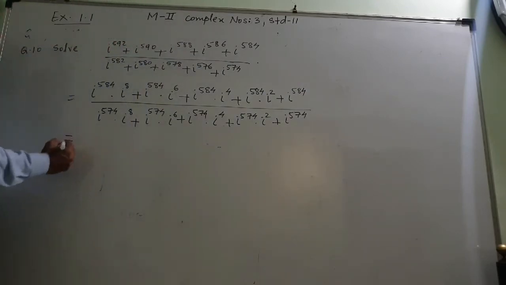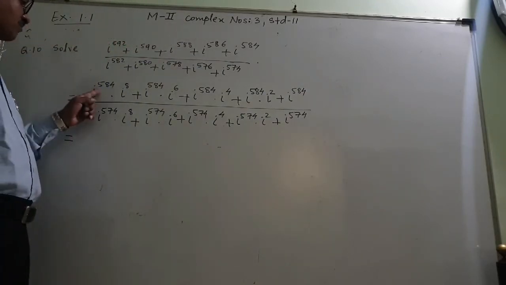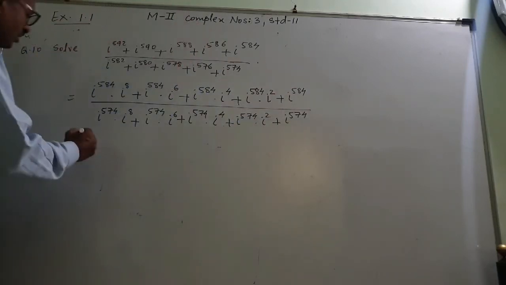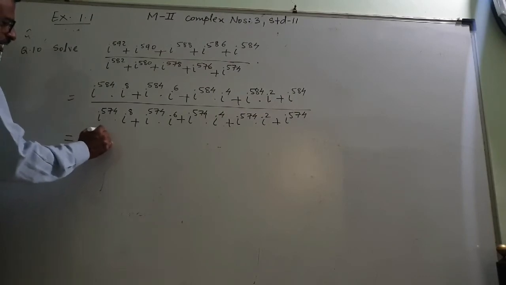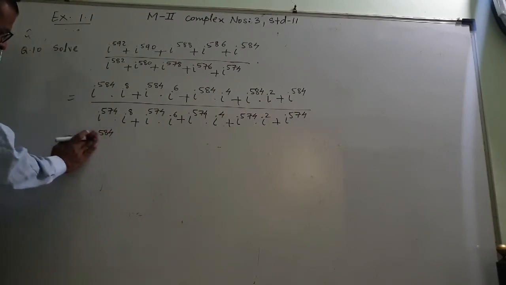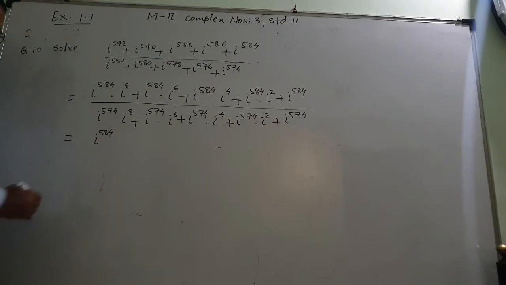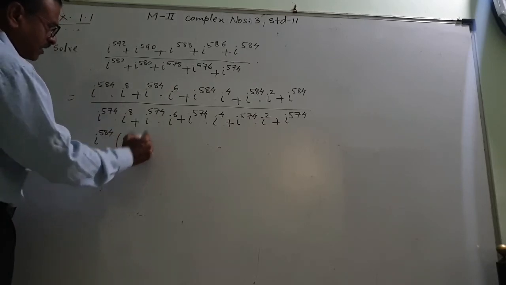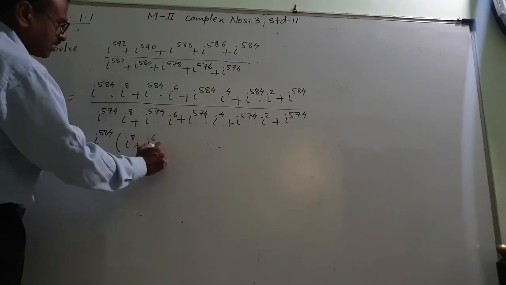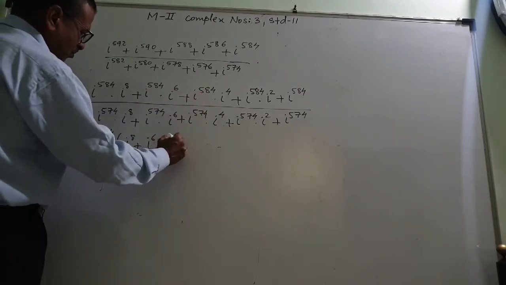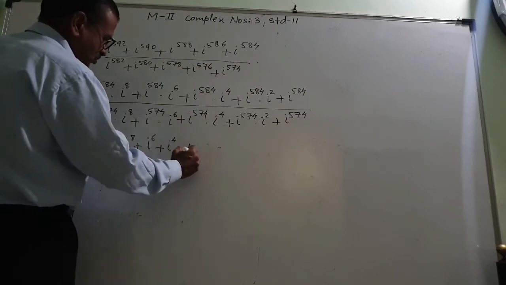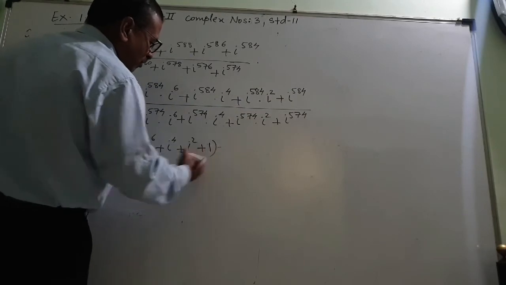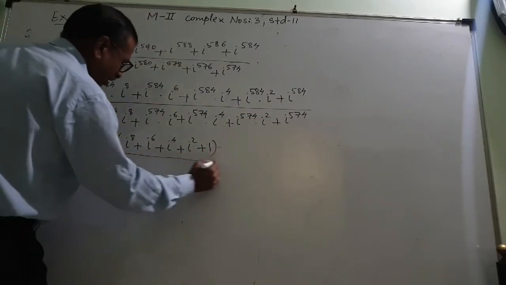Now see what is common. This i raised to 574, 584, 584, 584, 584, 584. This is common. So i raised to 584 is common. So what is remaining here? i raised to 8 plus here i raised to 6 plus here i raised to 4 plus here i square plus here everything is taken, so 1 will remain, upon.